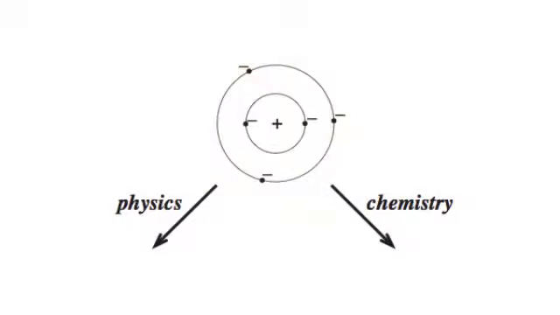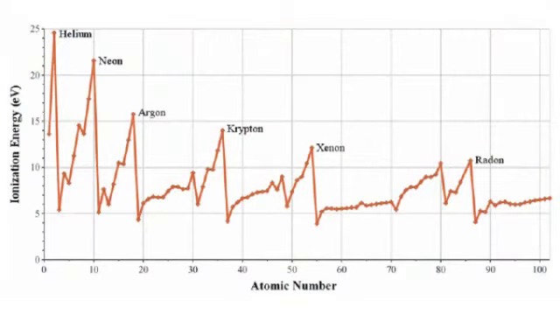Right, at this point the science bifurcated. On the physics side, Niels Bohr looked at gas phase atoms, and he examined properties such as the first ionization energies. And he noticed that the first ionization energies, although they generally increase across a period, actually go in a series of jumps.